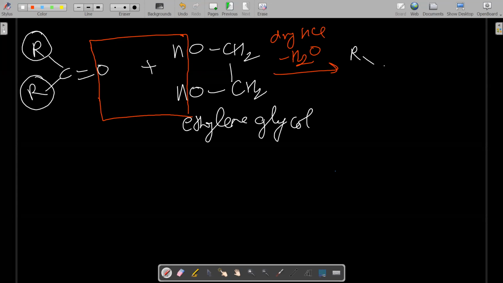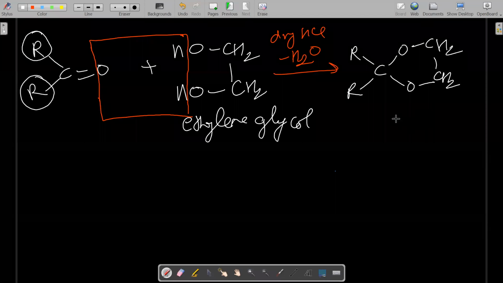What will the final product be? Okay, you can see over here, O, O, and now CH2, CH2, right? So what you are getting, this product is what? Normal or cyclic product. This is the cyclic ketal product we are getting. And due to being cyclic, all of you know कि always the cyclic compound is more stable than open.